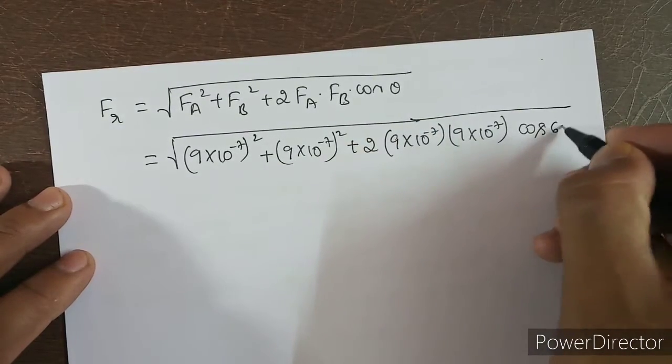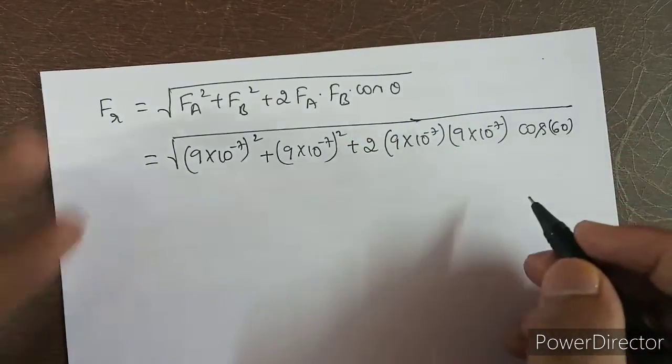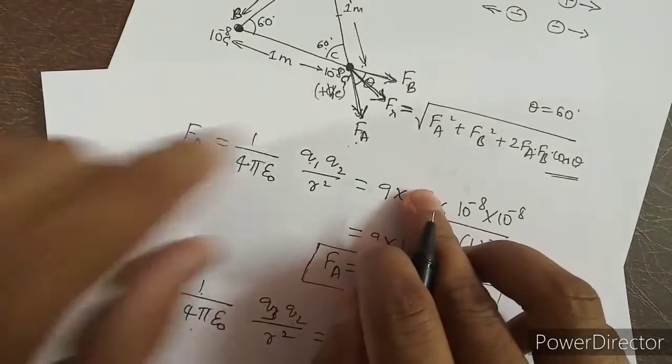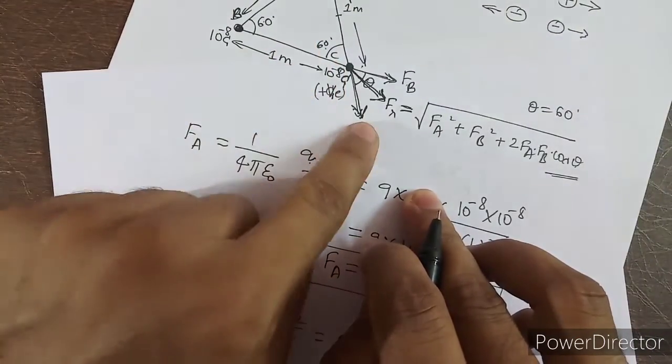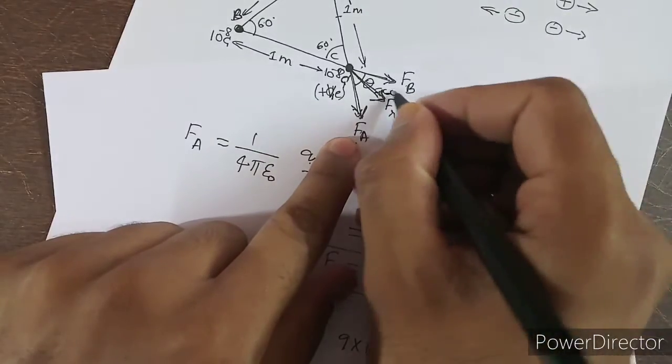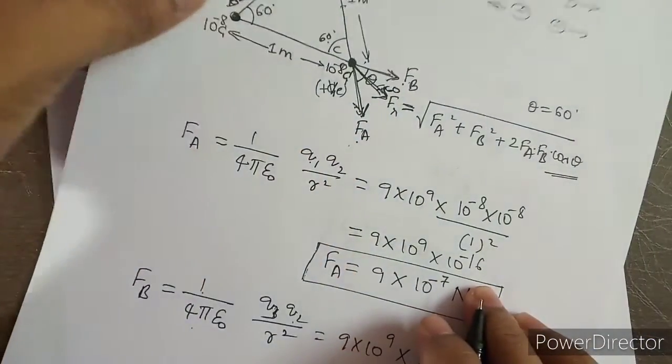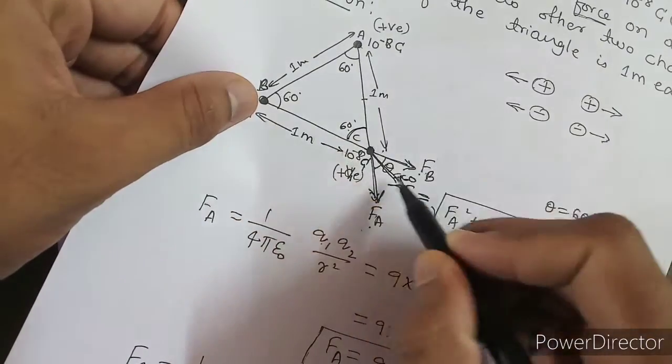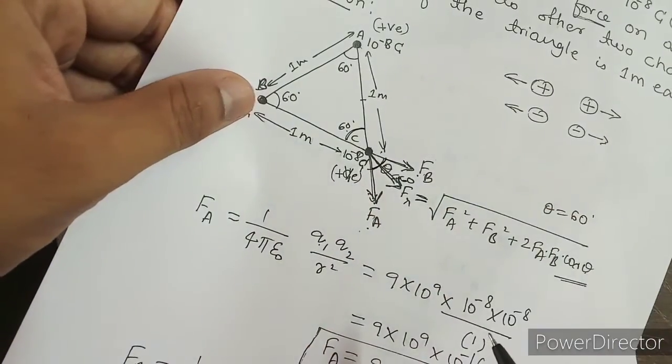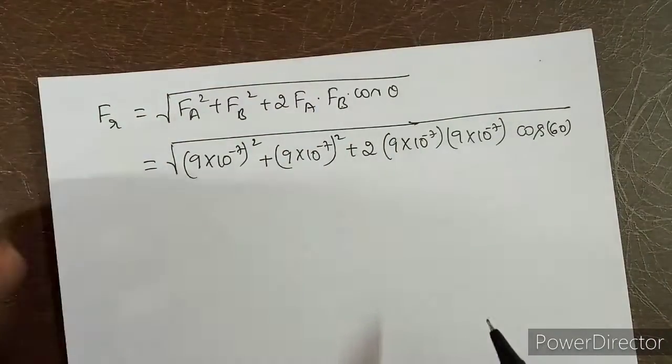Theta is 60 degree, isn't it? This angle is equal to this angle, so that's why theta is 60 degree.